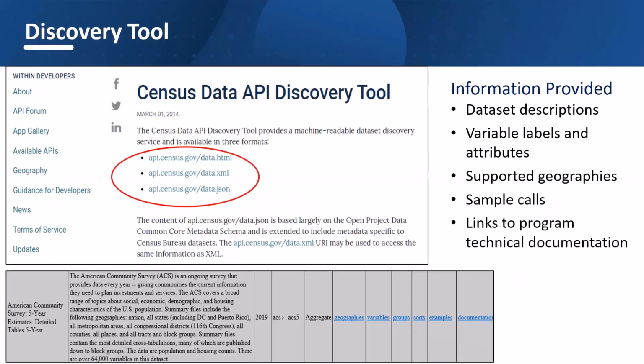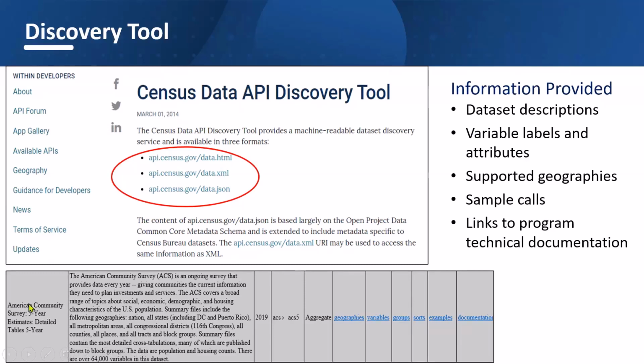Here I went into the discovery tool, and you have the different data sets here circled in red. On the discovery tool, you get data set descriptions, variable labels and attributes, supported geographies, sample calls, and then you get links to technical documentation.